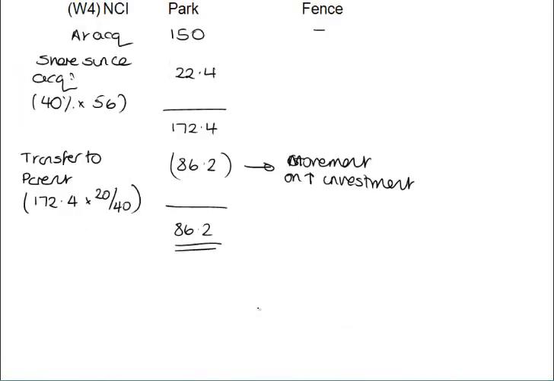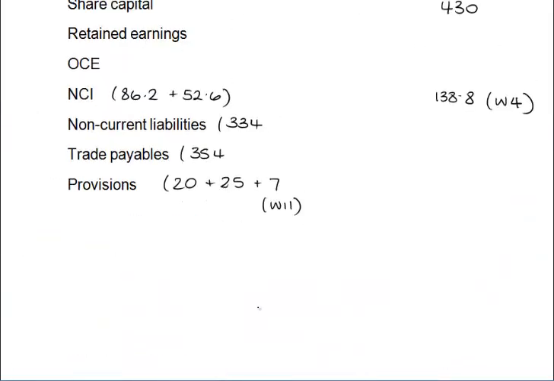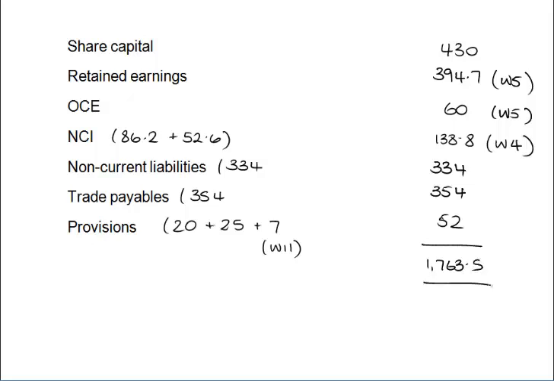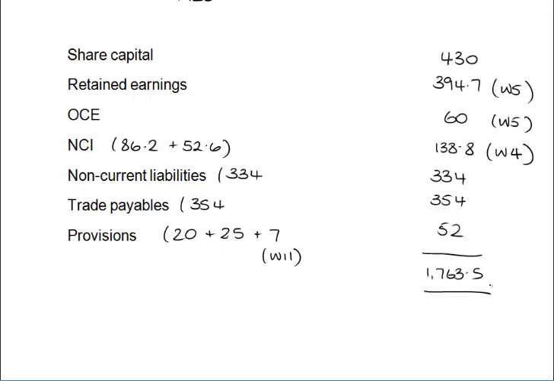So let's just pop up OCE is 60 from working number 5, retained earnings 394.7 from working number 5, non-current liabilities 334, payables 354, so I've got 1763.5, but in the exam don't add it up.